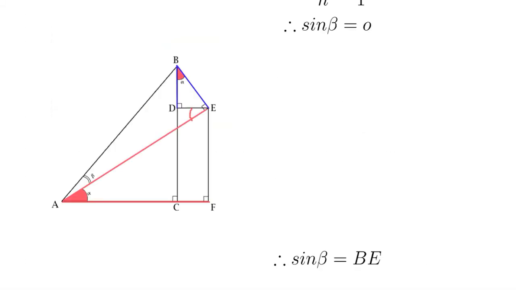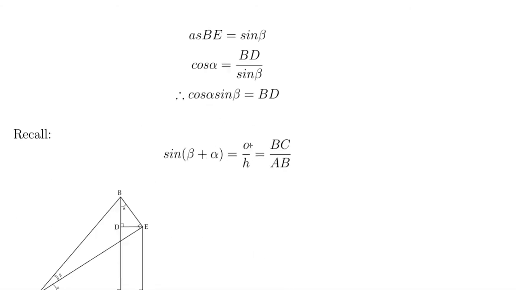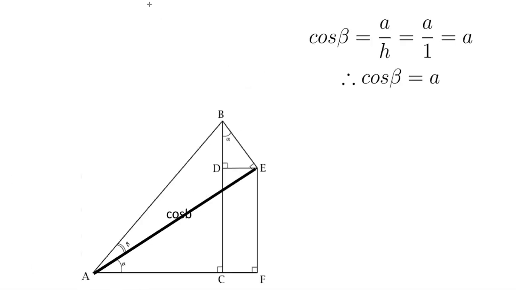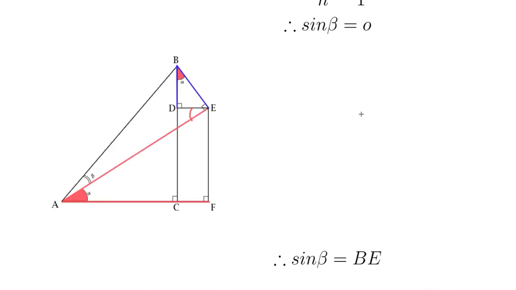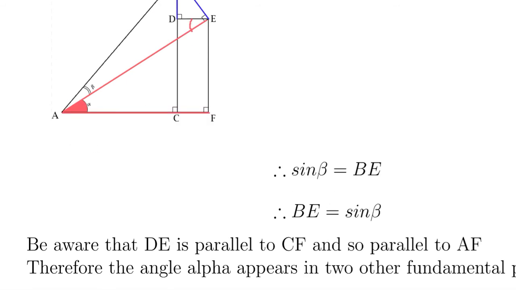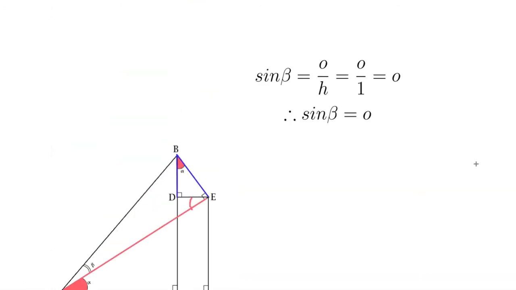We can move forward with that by considering that we already knew that BE was sine beta. We've had a conversation about that here. There it is. This is where it's manifesting itself. Let's highlight that and remind ourselves of that. BE was sine beta. The reason is that sine beta was opposite divided by hypotenuse.